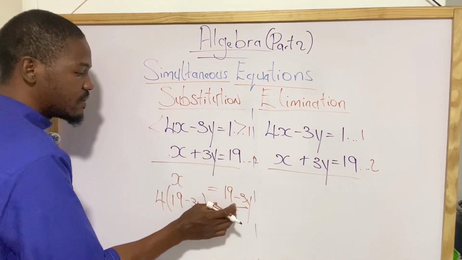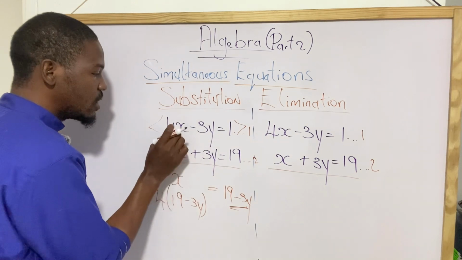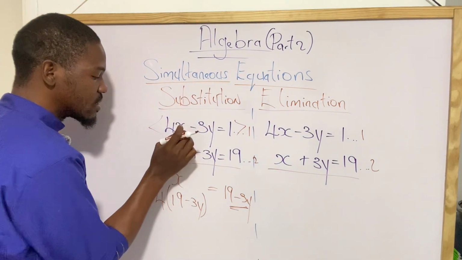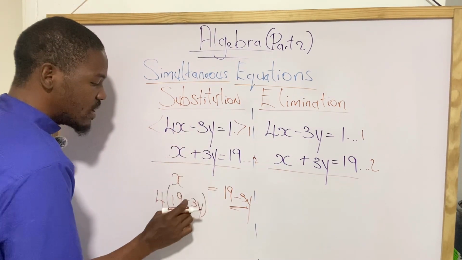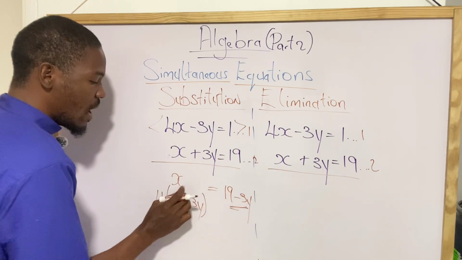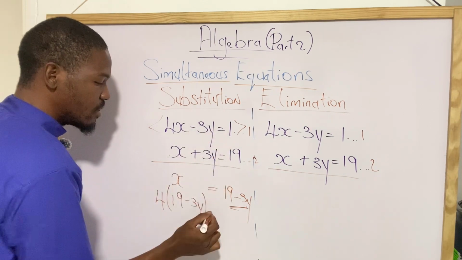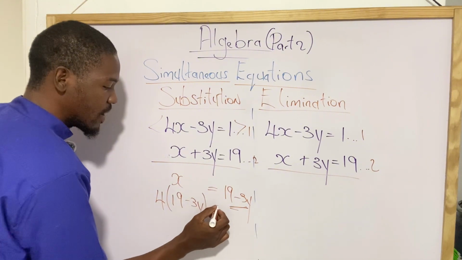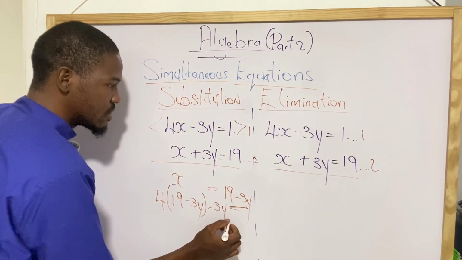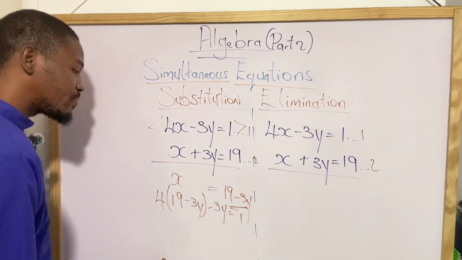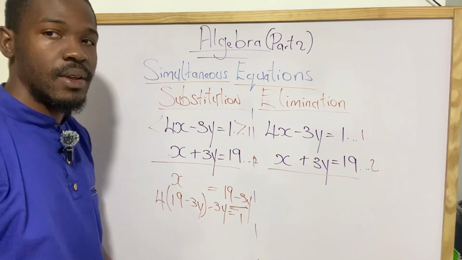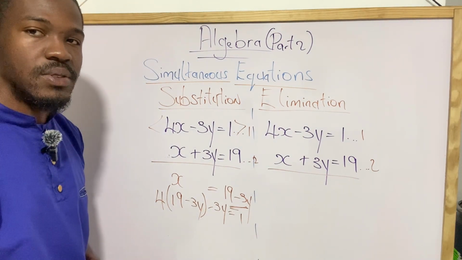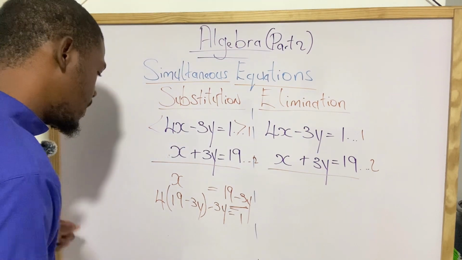So I take this value of x and I sub it into equation 1 for x. So where I have x, I just sub in 19 minus 3y and write everything out. So 4 times (19 minus 3y) minus 3y equals 1. So that is literally the first step in solving using simultaneous equations, right?